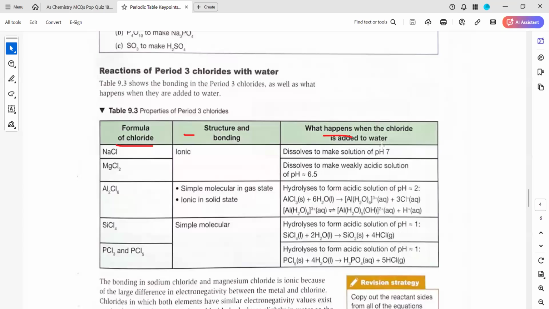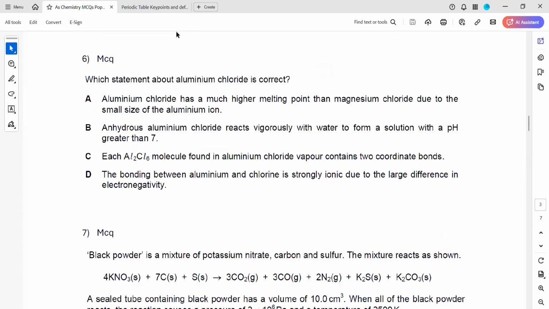This table is about the chlorides: sodium and magnesium chlorides are ionic, but Al2Cl6 is simple molecular in a gaseous state, but ionic in a solid state, and there's a dative bond between them. When we hydrolyze, it forms a solution with a pH of approximately 2, meaning an acidic solution. But as an option, what is written there is greater than, so that's why this is not correct.